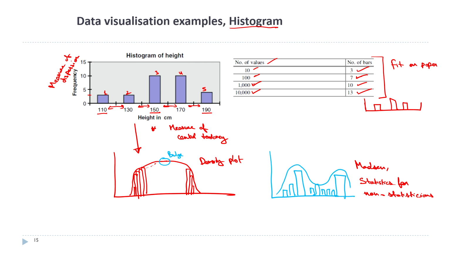In this case, we cannot limit it to 13 only, because the actual information of the data, the specific knowledge to be taken out from these two bulges, has to come out. So, intervals must be defined clearly, so that we have the right number of bars that fit on a paper and do not make the data unclear. So, this is the histogram.